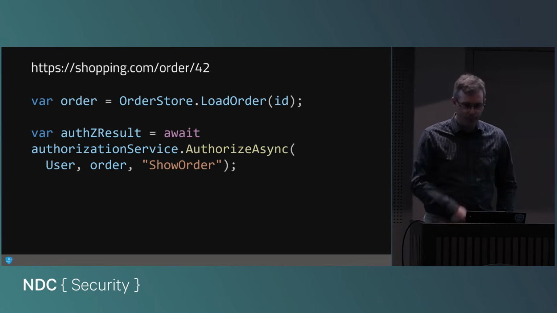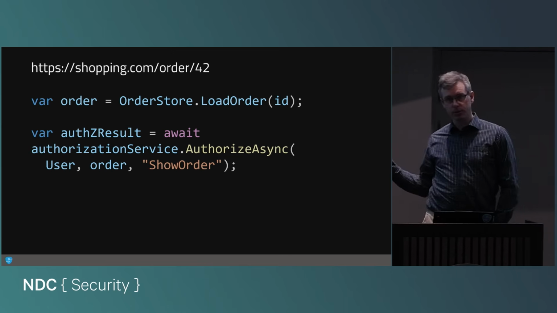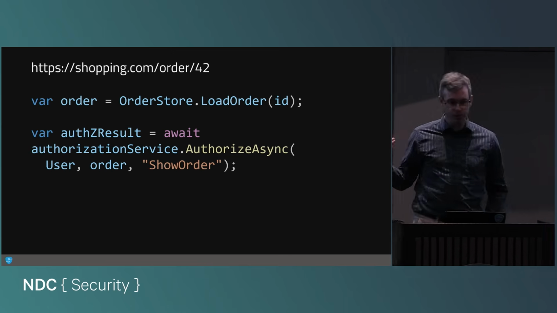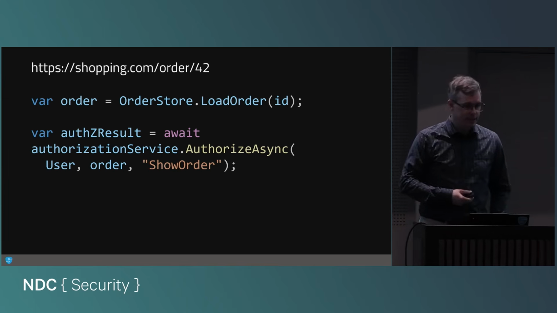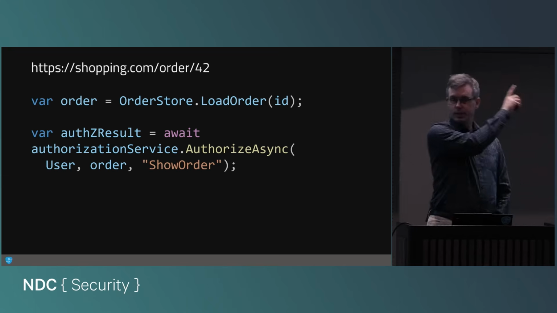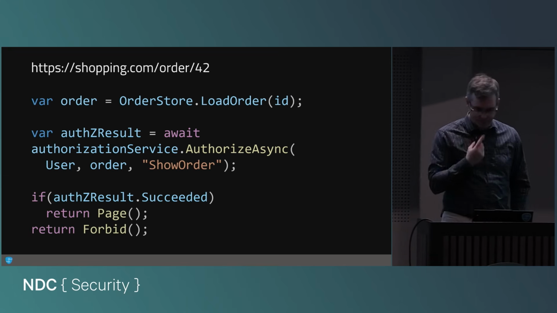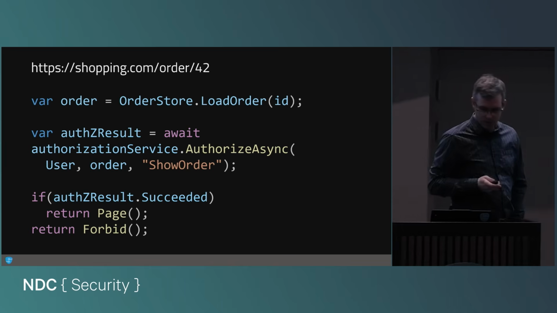Now we can call the authorization service from code, and we can include the order when we send it to the policy. So we can ask: does this user fulfill the policy show order for this specific resource? And then we make a decision. If it succeeded, we show the page, otherwise forbid.